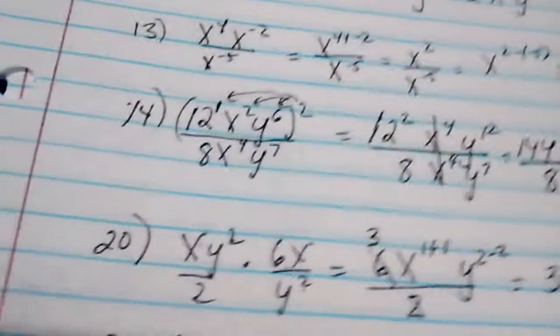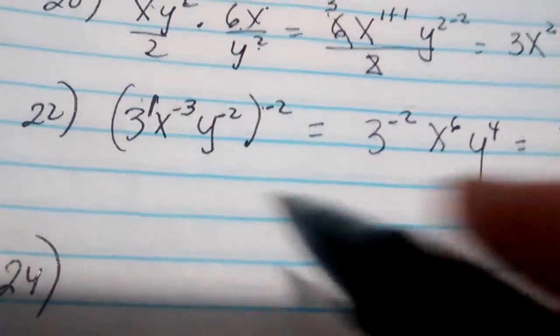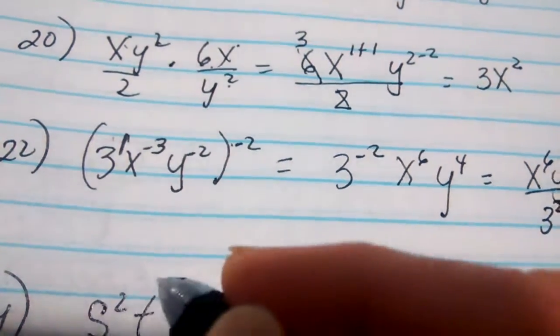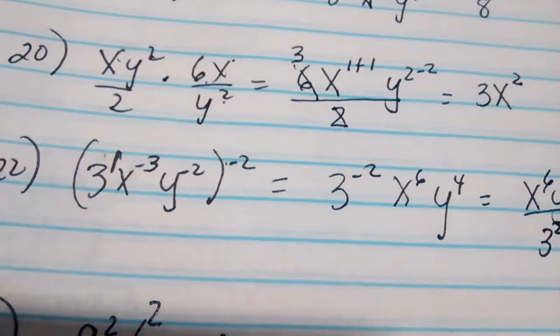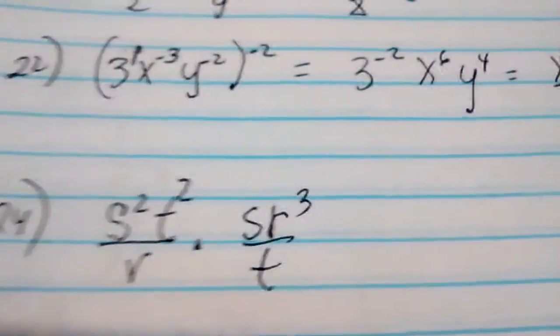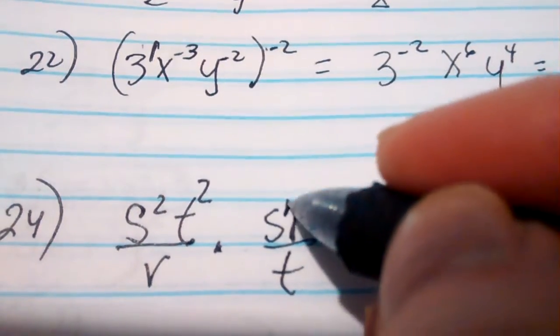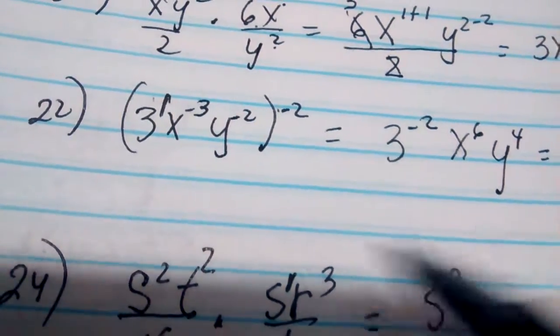Okay, and the last one I'm going to show you is 24. And that is s squared t squared over r times s r cubed over t. So going across, we have an s squared and an s to the first, so you add it, that's s cubed.